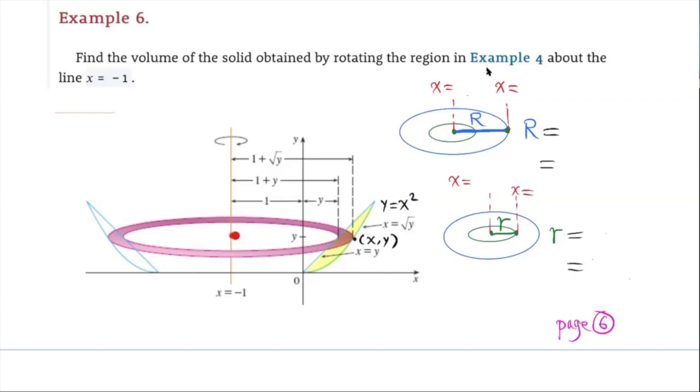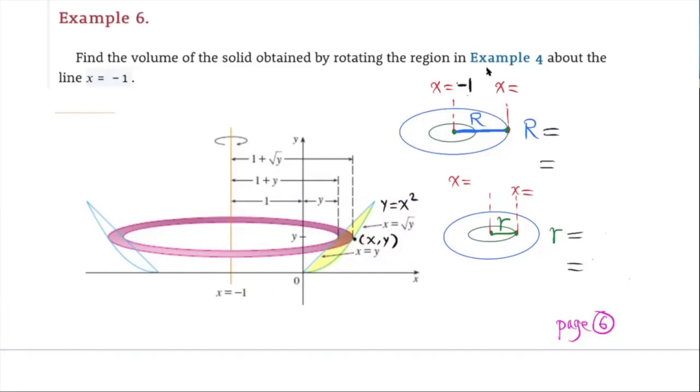So look to this region to find the outer radius. So big R will be from here to here. Now, the center over here has x coordinate equal to -1. Notice that for this cross section, the y coordinate stays the same. So this point and this point both have the same y coordinate.